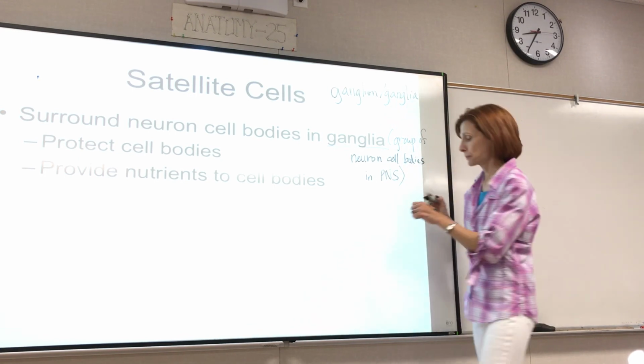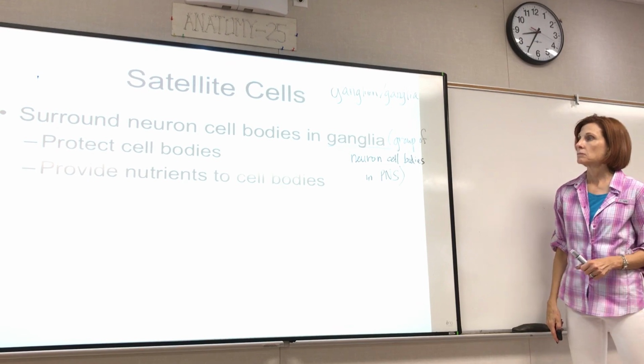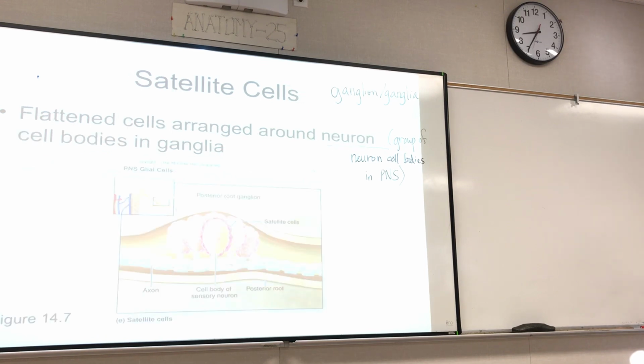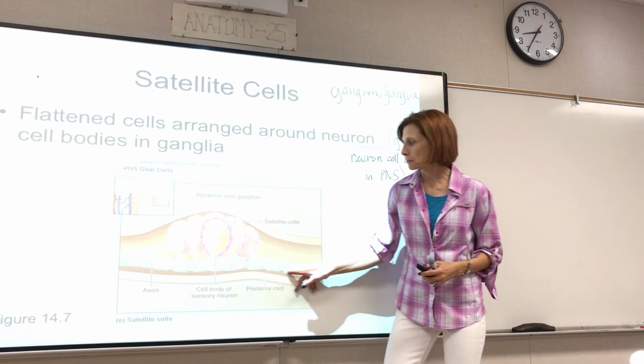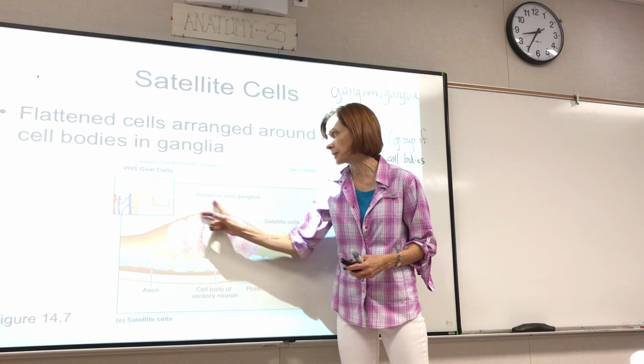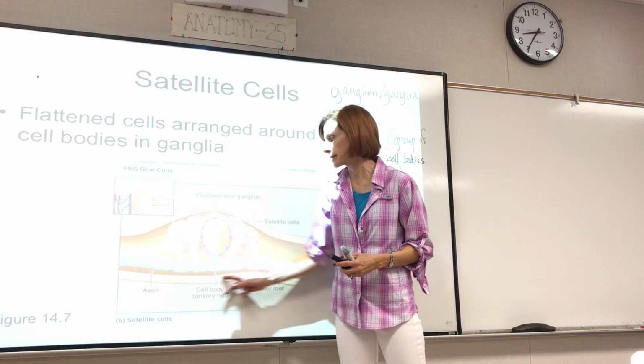It's basically the same thing. Notice here we have some neurons, and this is a little grouping of neuron cell bodies, so this is a ganglion somewhere out in the PNS.